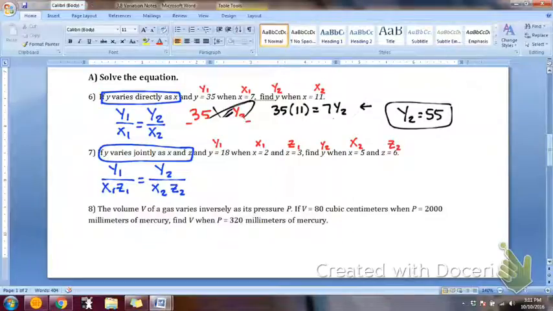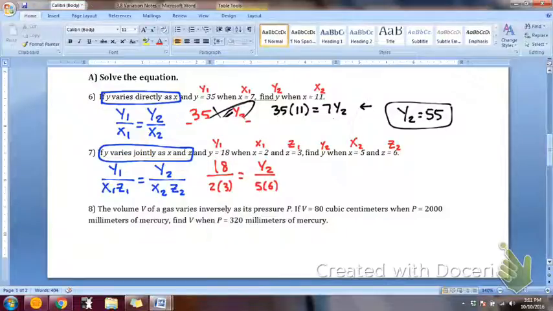The first x's and y's, the second x's and y's. So I'm going to put 18 over 2 times 3 equals y2 over 5 times 6.